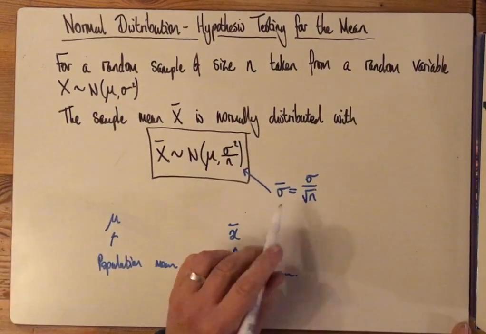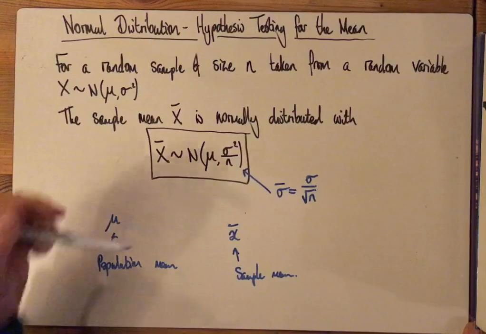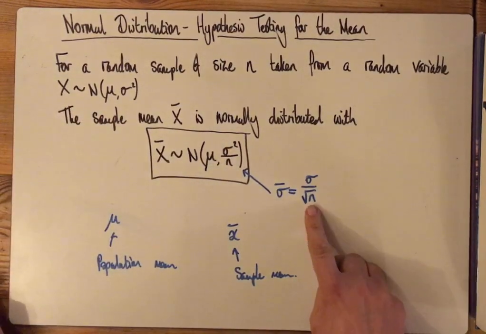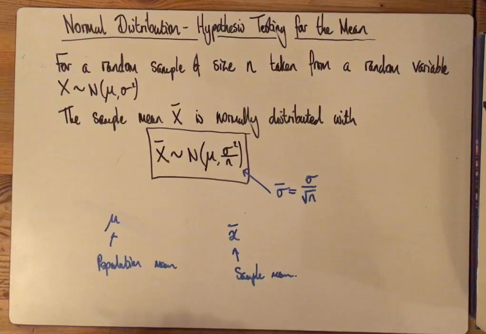So for the standard deviation of the mean, you need to square root the top and bottom of this fraction. Just be a little bit careful, it's really easy to miss that root on the n.